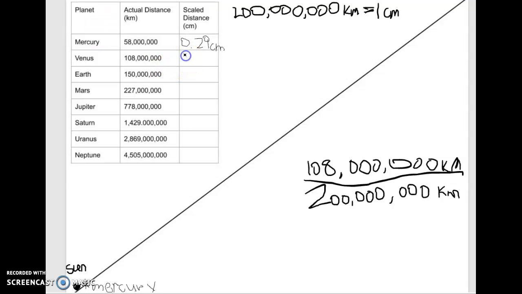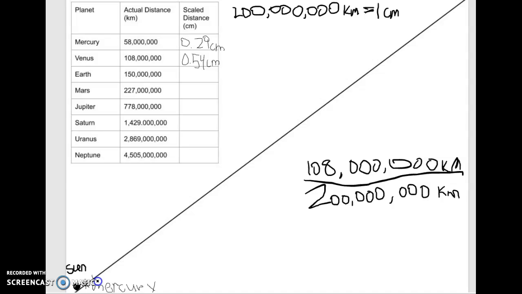Now we have 0.54 centimeters. So now we're just going to take our ruler from the sun and go a little bit further. If I had my ruler here, you'd see me measure about half of 1 centimeter, 0.54, half of a centimeter.